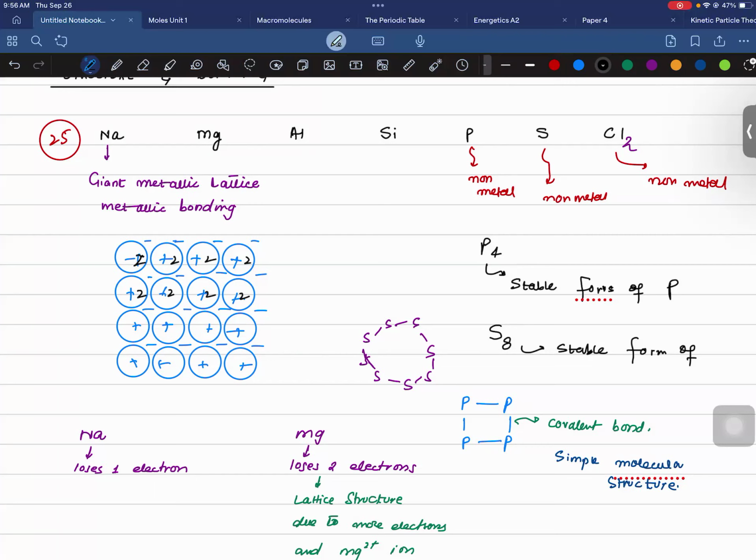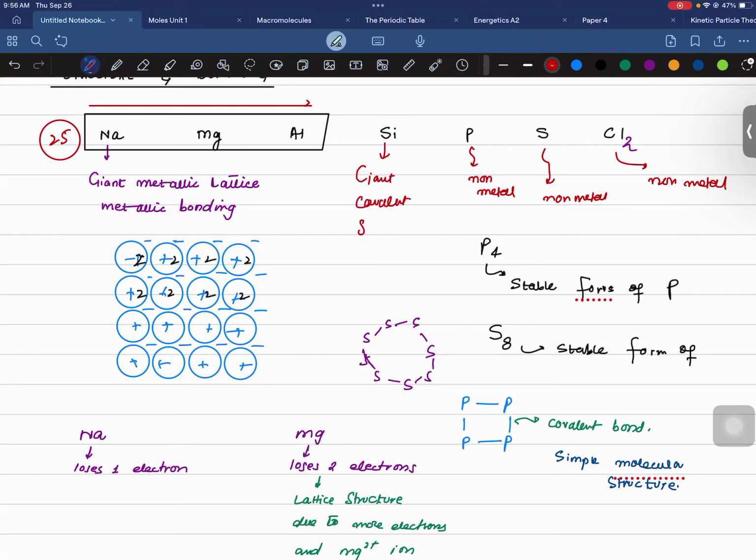I was telling you that in the comparison of sodium, magnesium, and aluminum, it increases from left to right, and silicon is at the top of the line because silicon has a giant covalent structure. Due to this, it has the highest melting and boiling point.